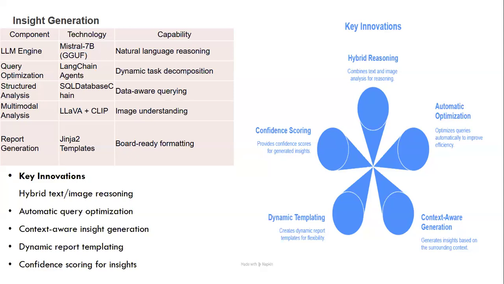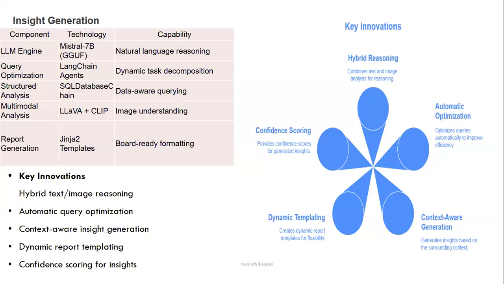The reports are generated using a Jinja template to ensure a board-ready format. By giving a query, we generate text-based insight from our trained model, and we can use these insights for business purposes.